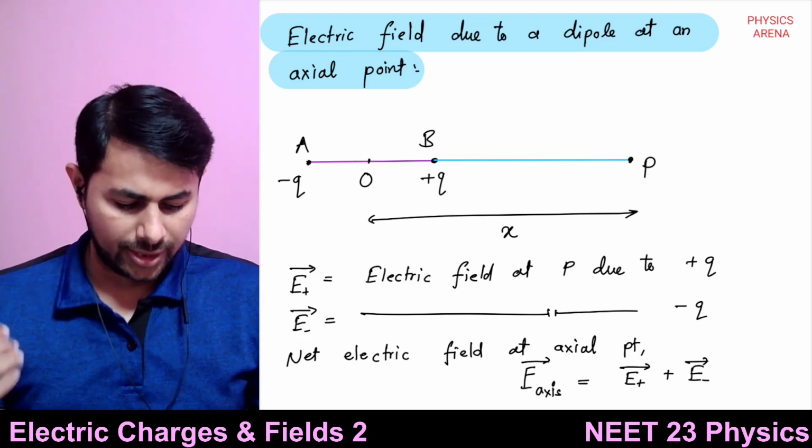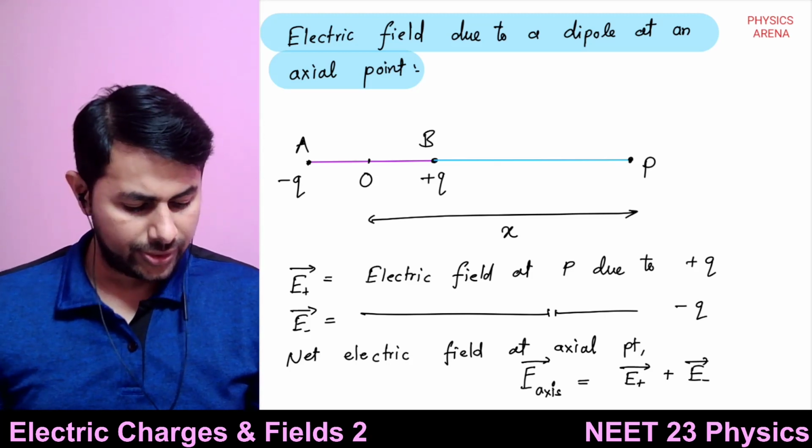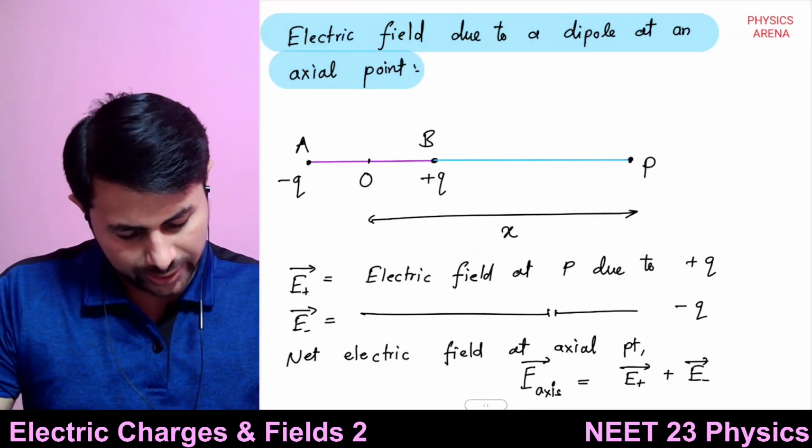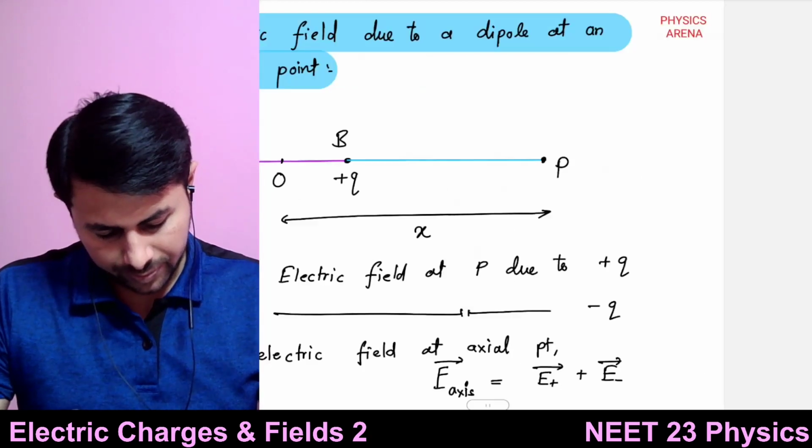Now E plus bar would be more compared to E minus bar. So let's write down what E plus bar and E minus bar are.